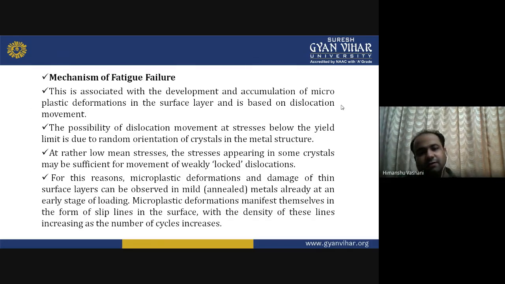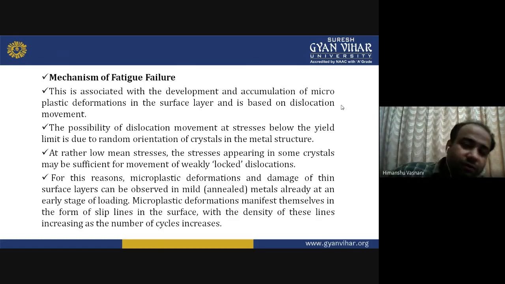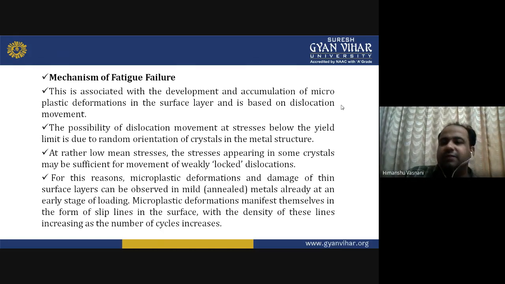Then, the mechanism of fatigue failure. This is associated with the development and accumulation of microplastic deformations in the surface and is based on dislocation movement. The possibility of dislocation movement at stress below the yield limit is due to the random orientation of crystals in the metal structure.